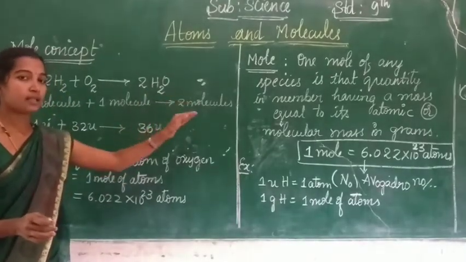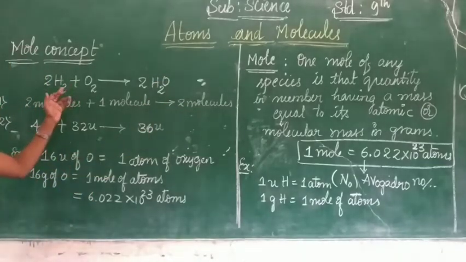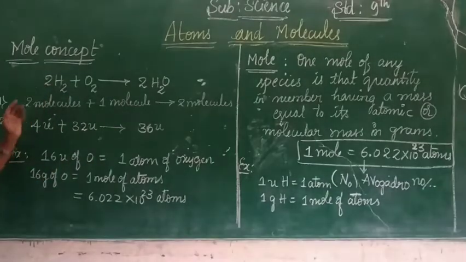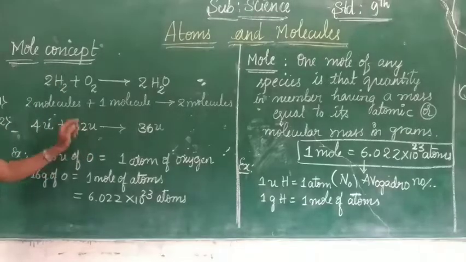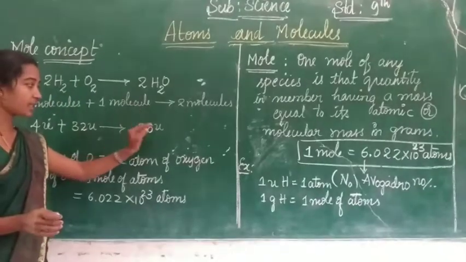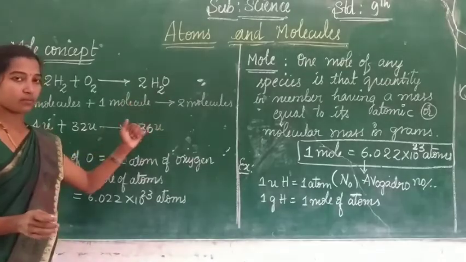This is in terms of number. Now, let us explain this reaction according to mass, in atomic mass units. See here, 4 atomic mass units of hydrogen react with 32 atomic mass units of oxygen. It gives 36 atomic mass units of water.